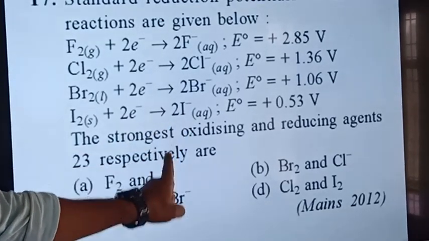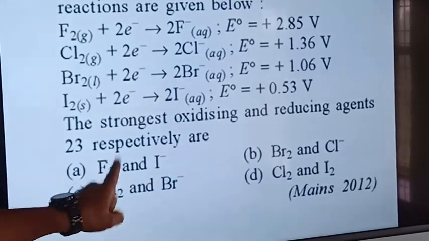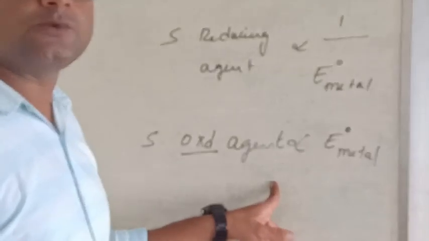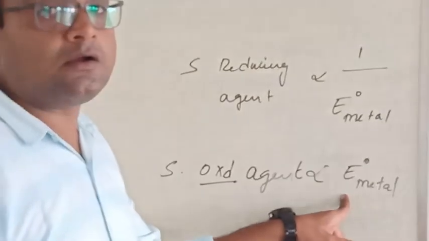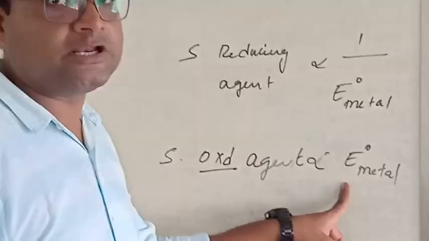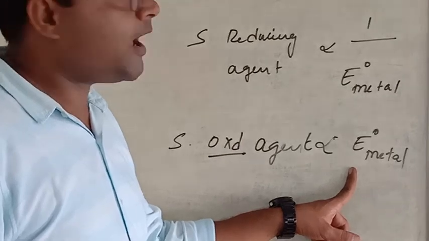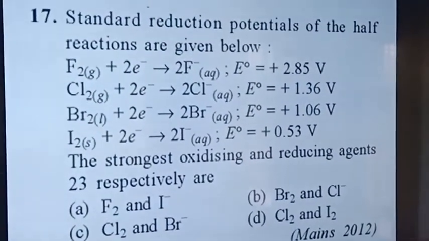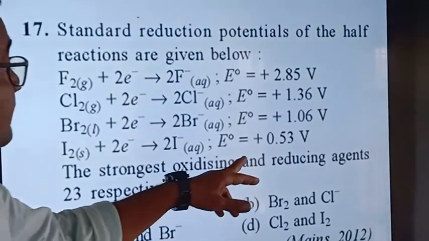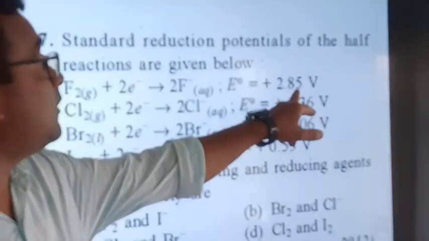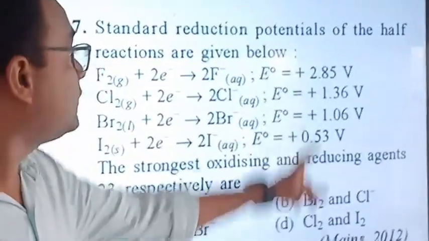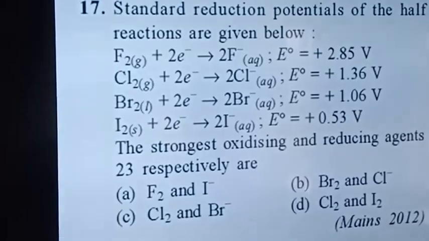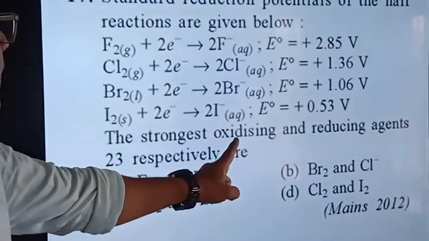So where is iodide ion? Here iodide ion is there. Then next is fluorine. And also I told you, the strongest oxidizing agent is one whose standard electrode potential is more. Out of all 4 sets of equations, the one which has a very high value is plus 2.85 volt. So this is the reaction where we can find the best oxidizing agent.